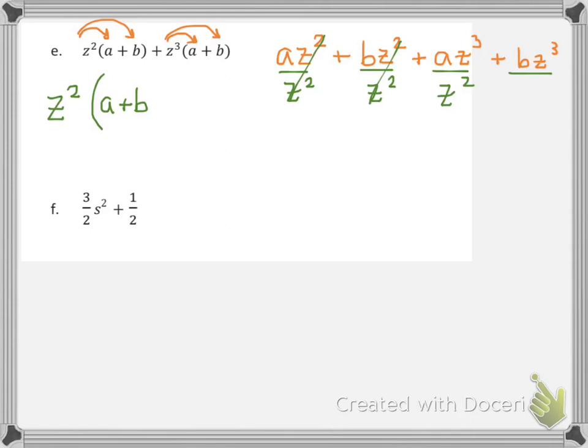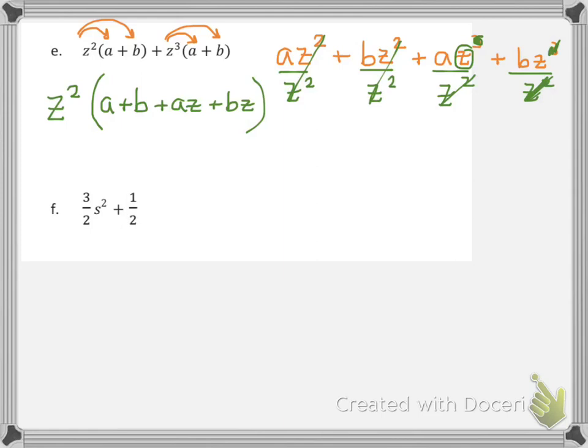And 2 of my z's will cancel. I'm going to be left with 1 and the a, so that's a plus a z. And the last one, I'm going to divide by z squared. Same thing, 2 of them cancel out. I'm left with a positive bz. And there it is factored.